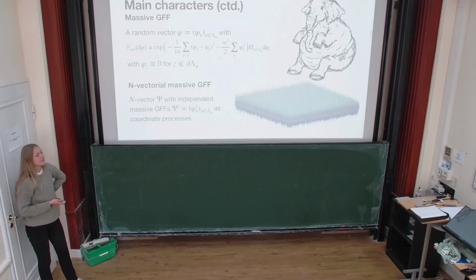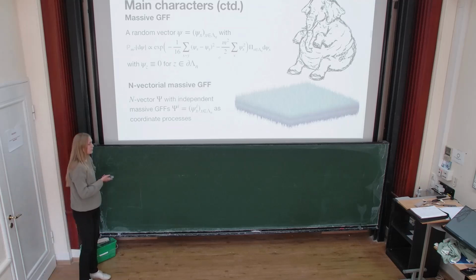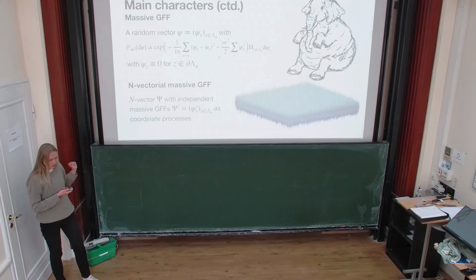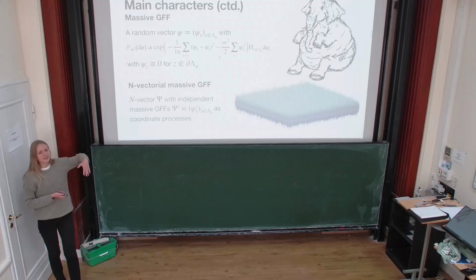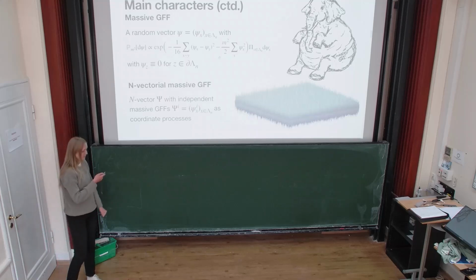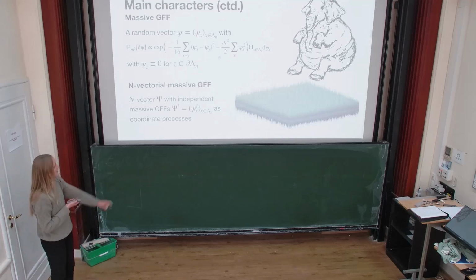Basically it's just a Gaussian vector with a massive Green's function as a covariance structure. And then we again need the vectorial massive Gaussian free field, where we just take n independent copies of this massive GFF. And these nice simulations are available.